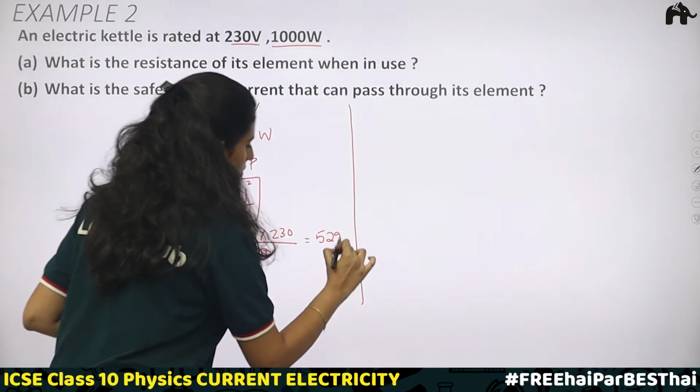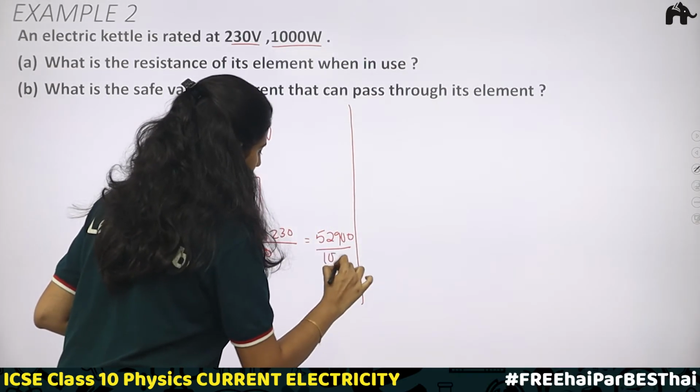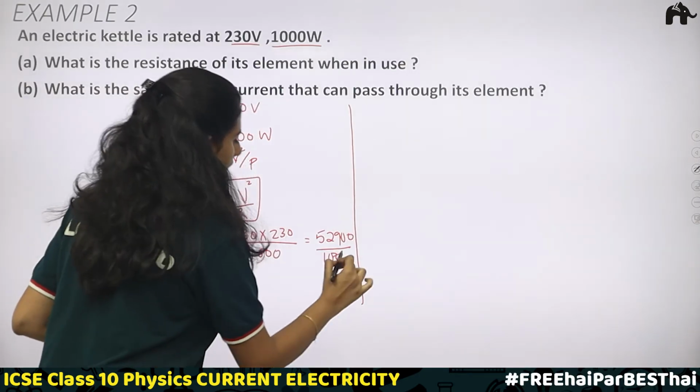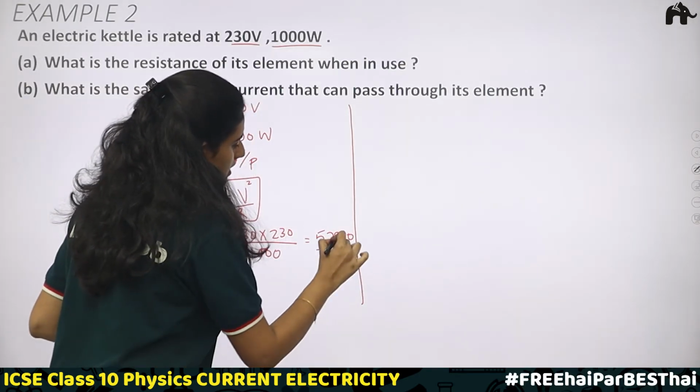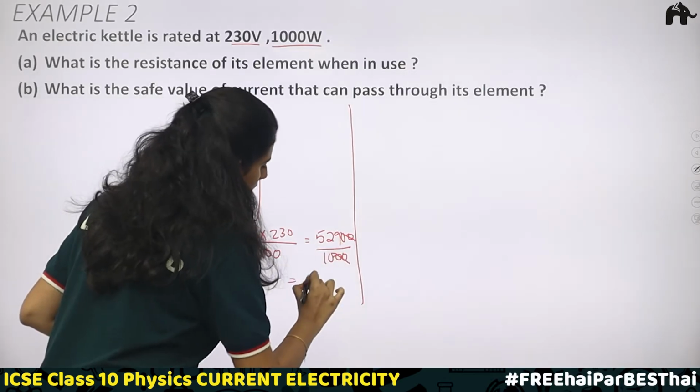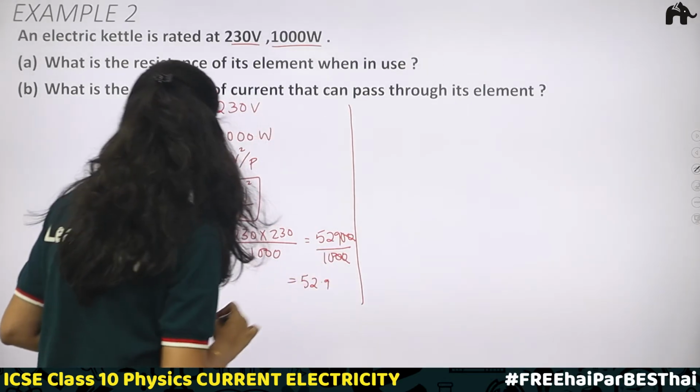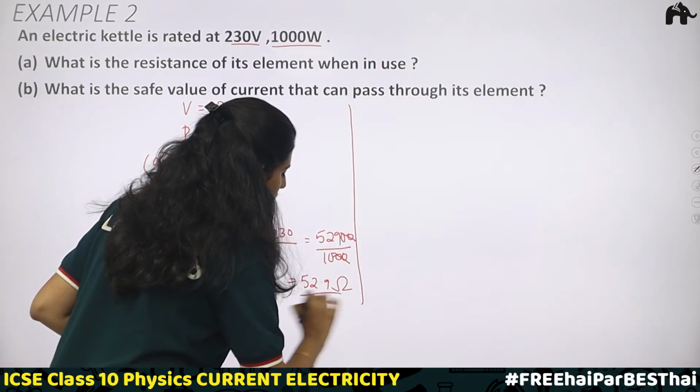Then 2 zeros divided by 1000. Cancelling the zeros, and placing the decimal point, we get 52.9 ohms. Ohm is the unit of resistance.